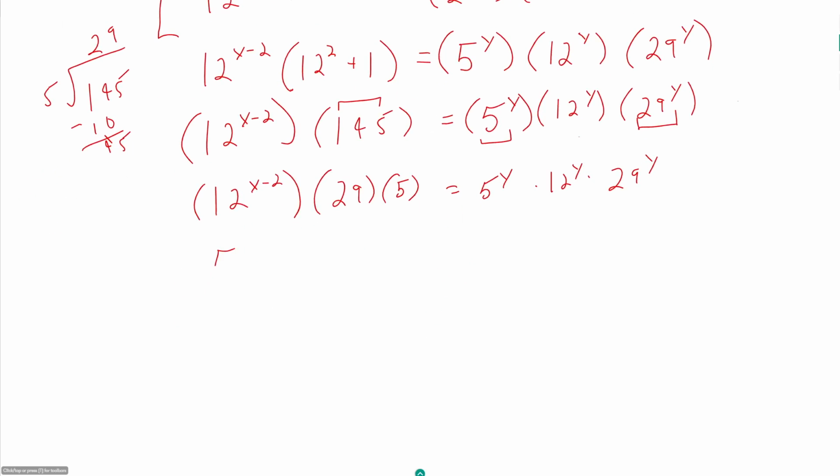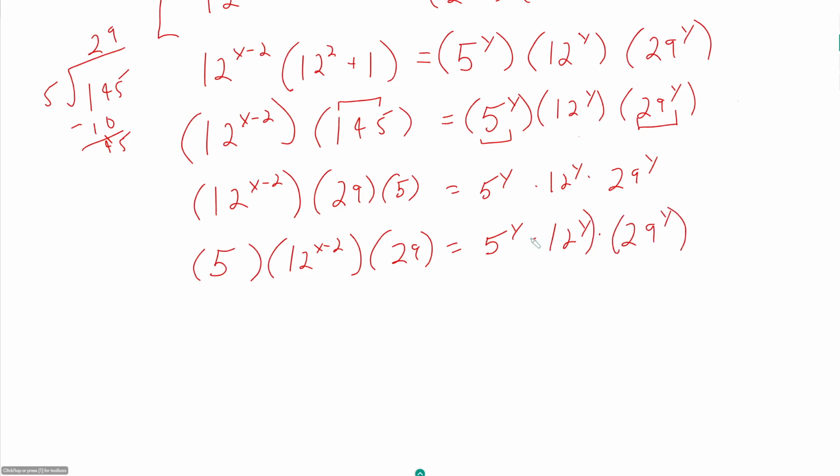So this would be 5 times 12 raised to the x minus 2 times 29 is equal to 5 to the y times 12 to the y times 29 raised to the y. And now I have achieved my end goal. The two sides of my equation perfectly match up.